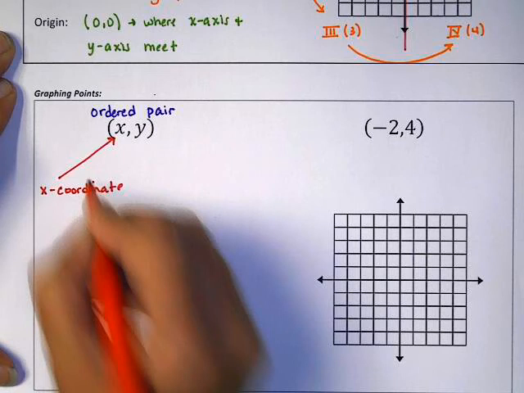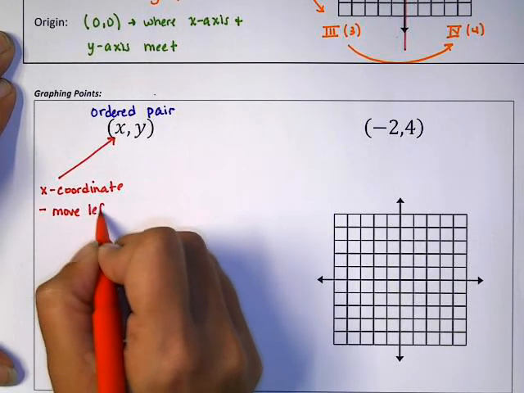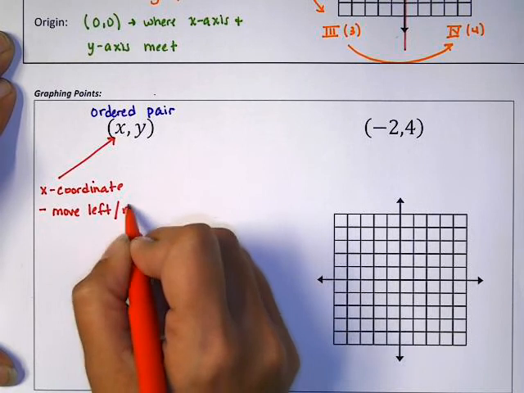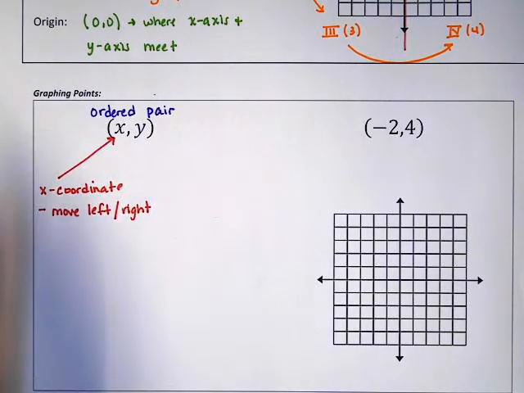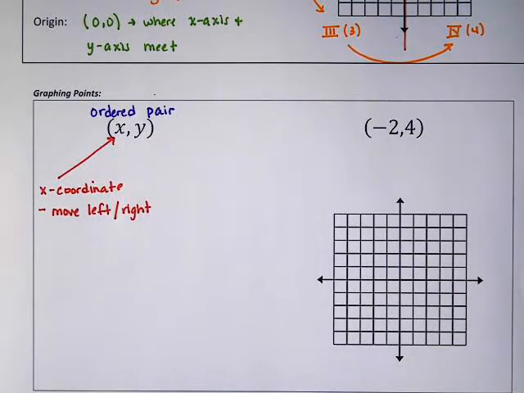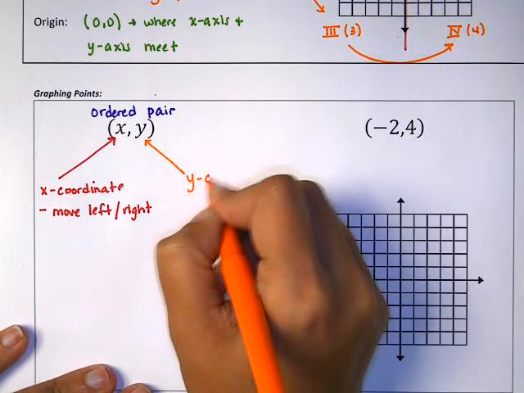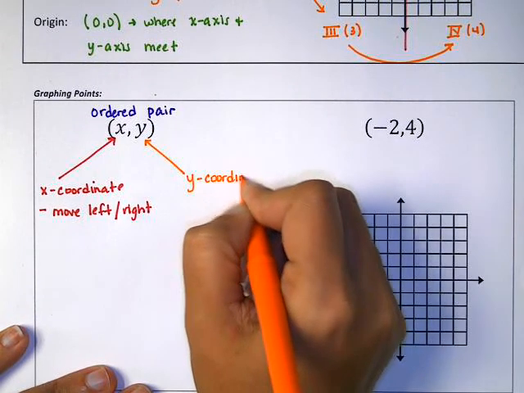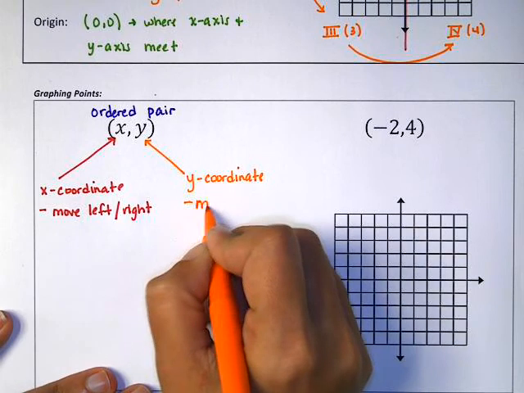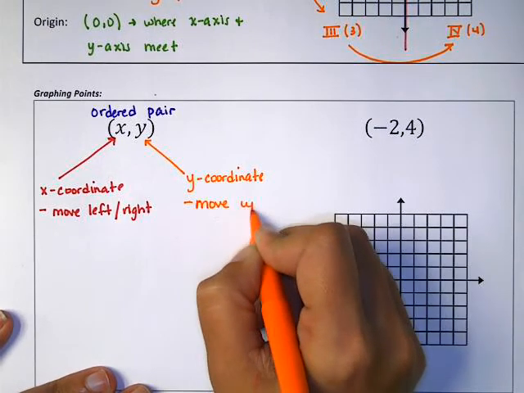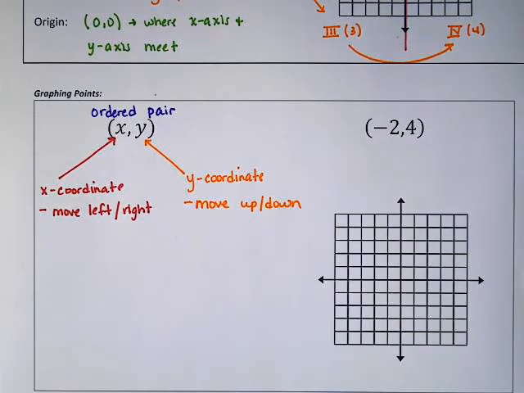The x-coordinate tells us to move left or right by that many spaces. The second number in an ordered pair is the y-coordinate. The y-coordinate also tells us to move, but it tells us to move up or down in the direction of the y-axis.